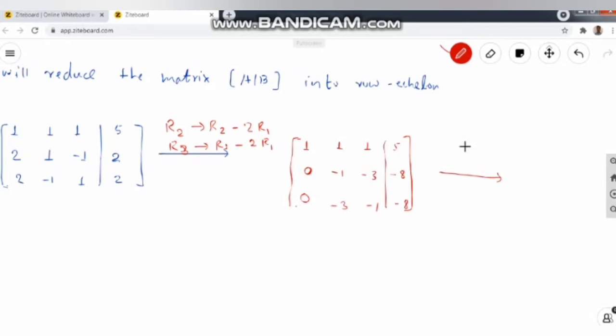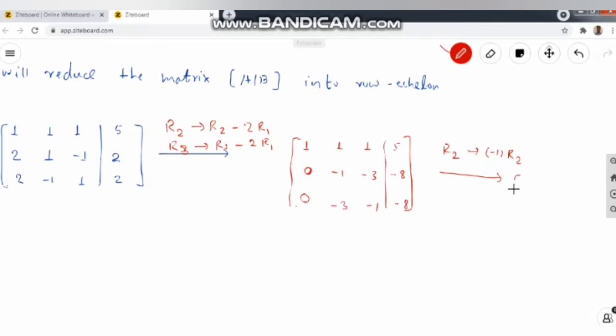So first of all we will make this entry 1. For that we will apply R2 is replaced by minus 1 times R2, right?